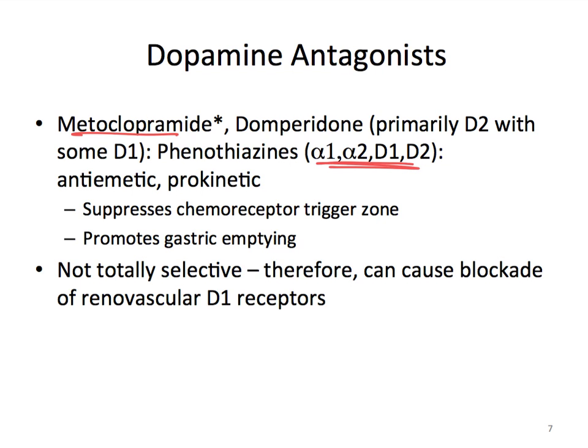Metoclopramide is a drug that is used as an antiemetic and a prokinetic, and it does this through two mechanisms. Number one, it suppresses the chemoreceptor trigger zone, which is involved with detecting circulating toxins.